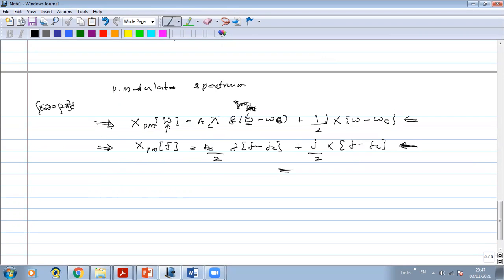So our information signal is one sinusoidal signal, a sine signal. It is like this: m(t) is equal to Am cos omega_m t, this kind of signal.